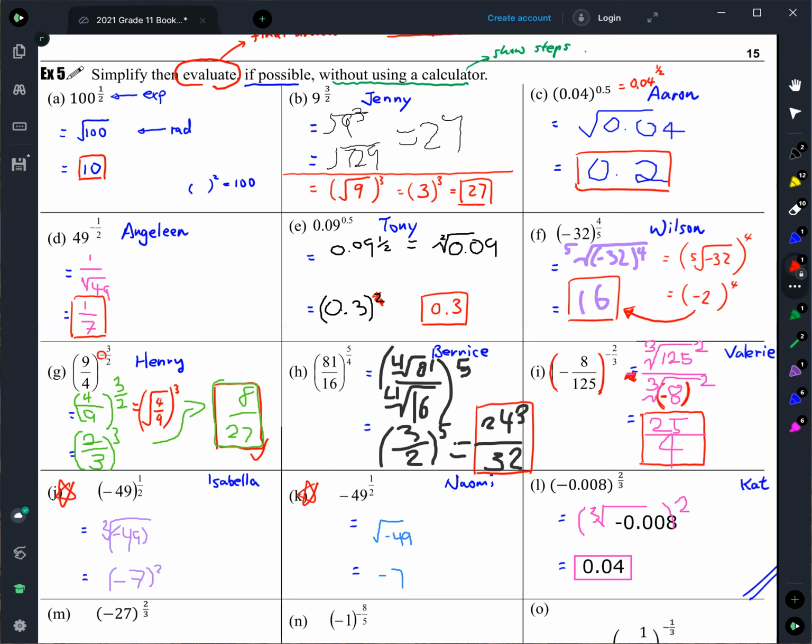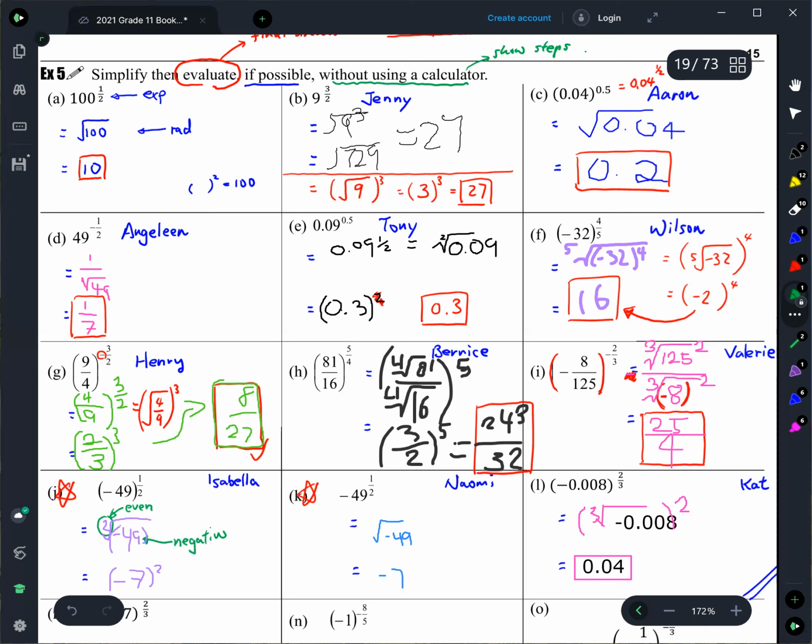Okay, so this one is Isabella's. You have a square root on the whole thing. So this is the time when you have an even number. Square root, so this is even. Inside, you have a negative. Isabella, what happens when you have an even root and a negative inside? Is it undefined? Yes, this one will be undefined.